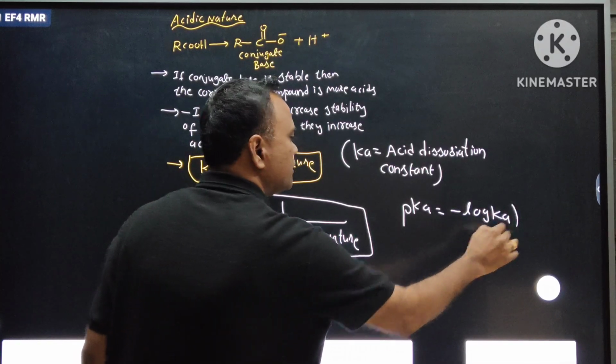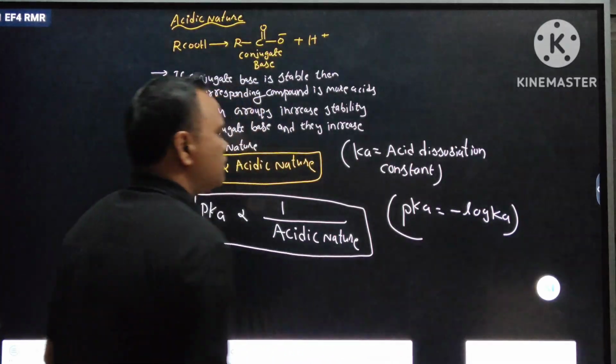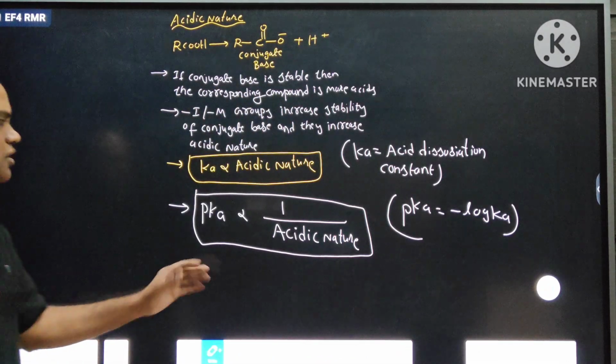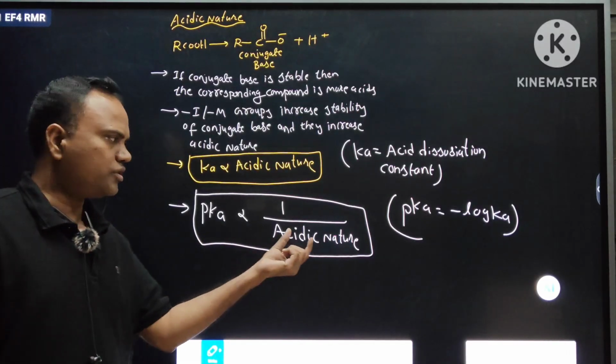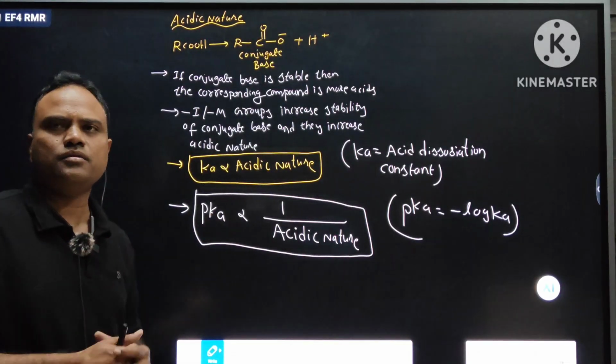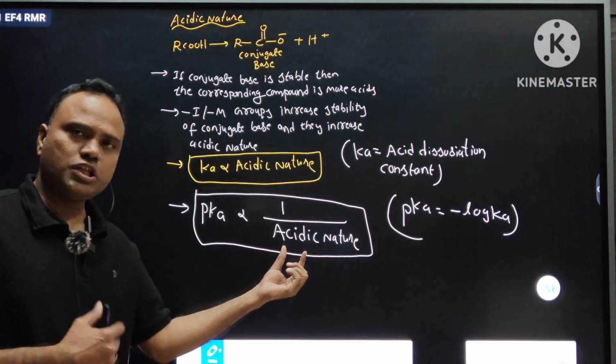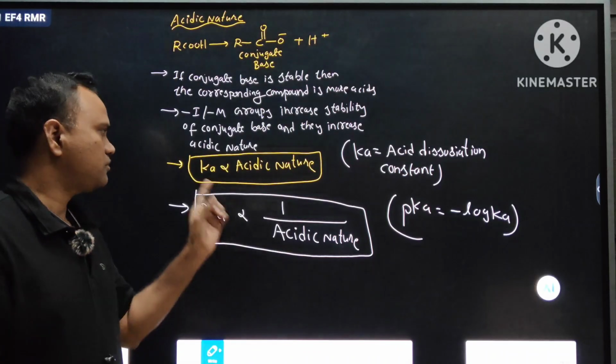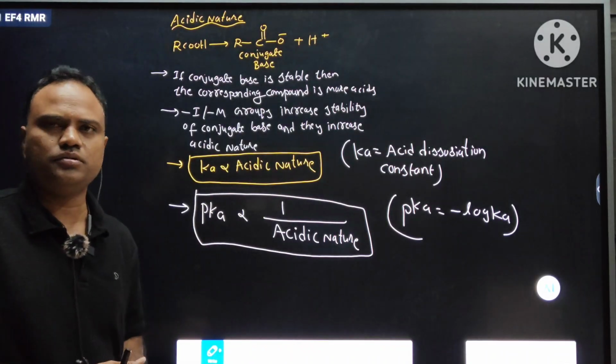Negative logarithm of Ka is called pKa. Both are inversely related. If acidic nature is more, pKa is less. If acidic nature is less, pKa is more. Reverse relation. This is direct. Clear?